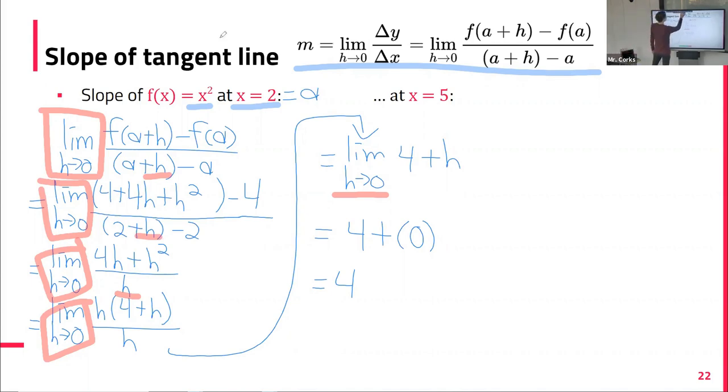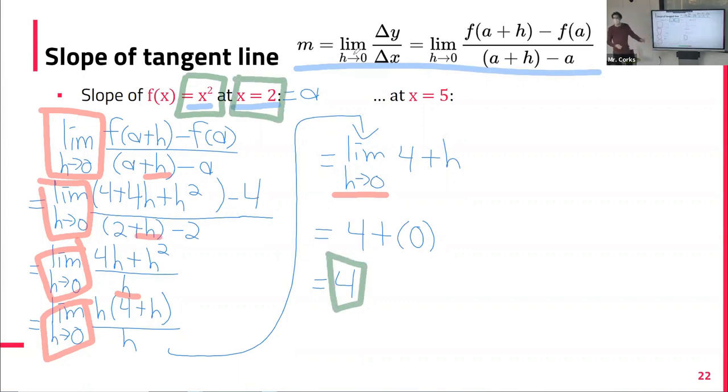So this whole thing is telling us that for this function, x squared, when x is equal to 2, the slope is exactly 4. It's not close, it's not a guess. We kind of went to this point infinity using these limits, and we know exactly that the slope is 4.